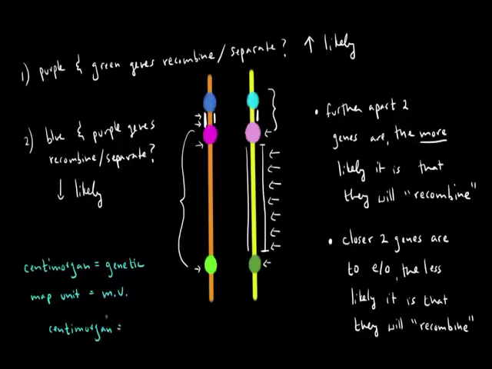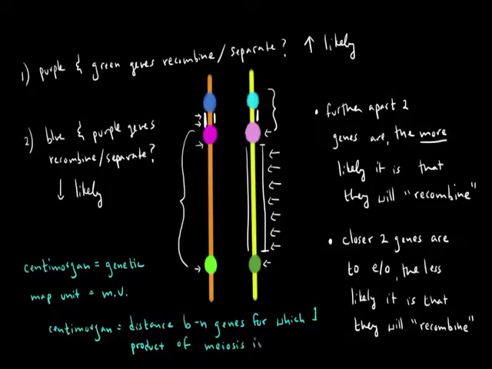And so a centimorgan is the distance between genes for which one product of meiosis in 100 is recombinant.